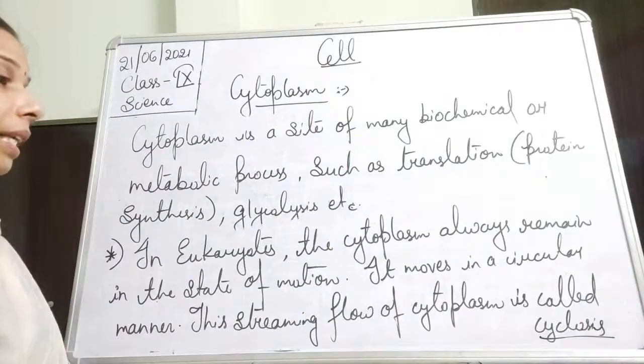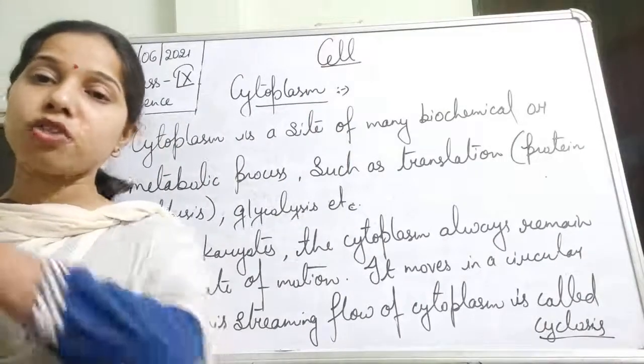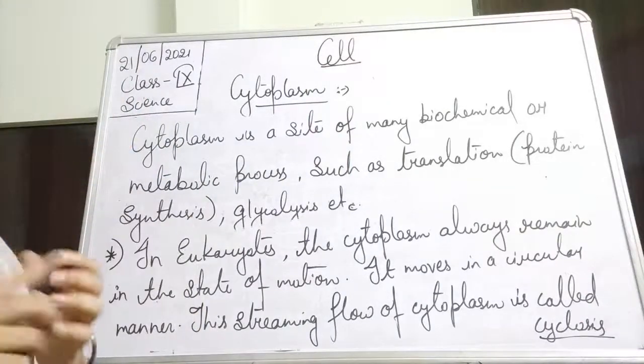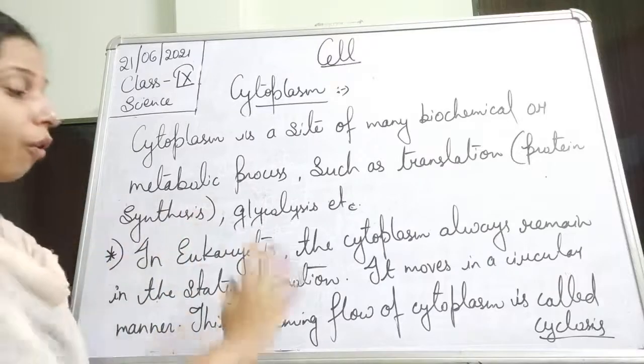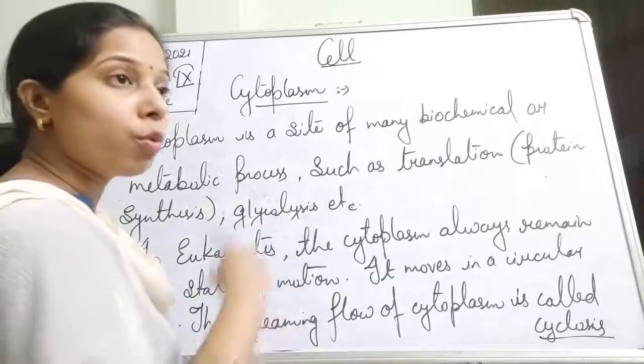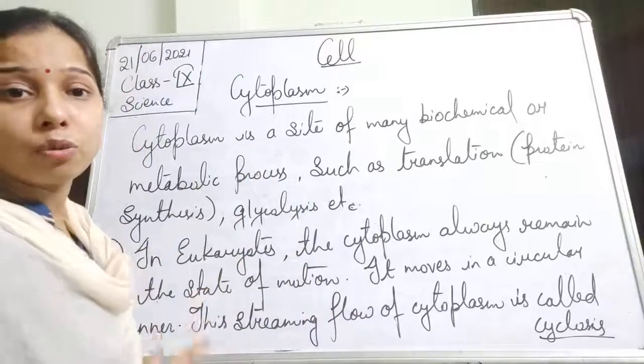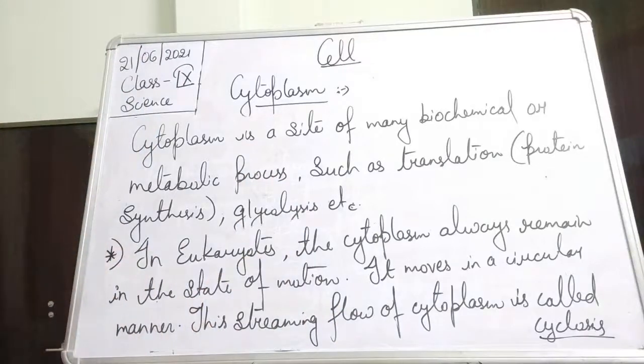So basically, cyclosis is what? In eukaryotes, the cytoplasm is always in a state of motion. It moves in a circular path, and that is called cyclosis.